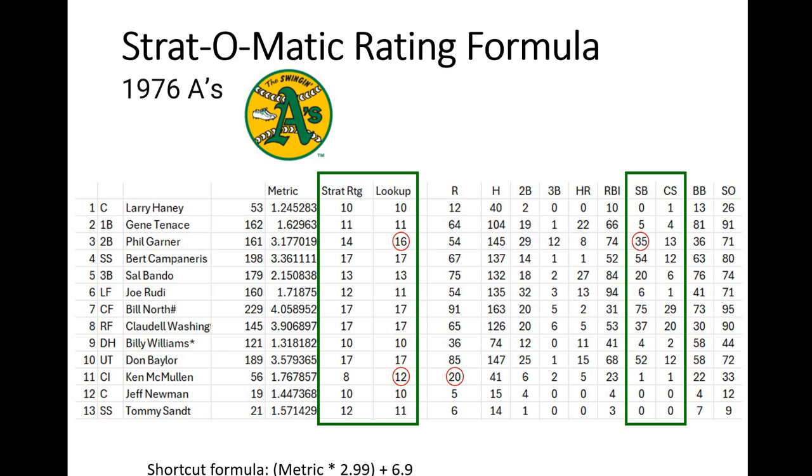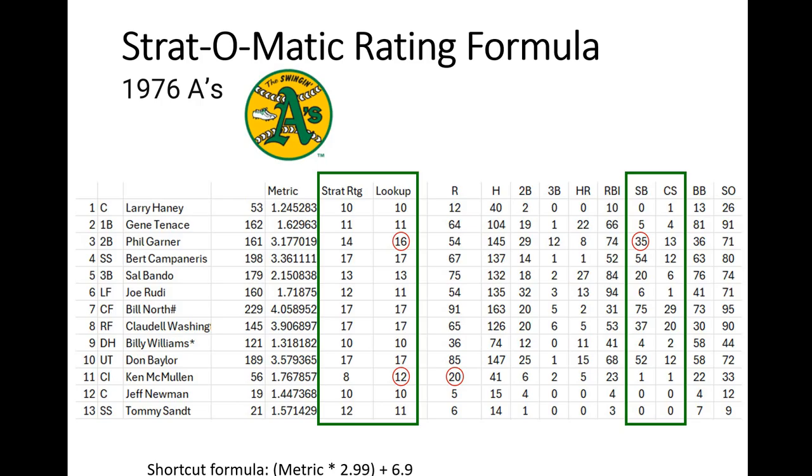The other kind of outlier was Ken McMullen, which looks like the assigned rating was 12 as opposed to his actual rating of 8. I thought for a minute his 2 triples were helping. He didn't play a whole lot.